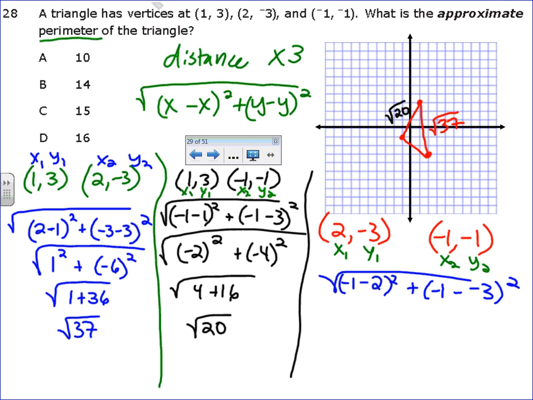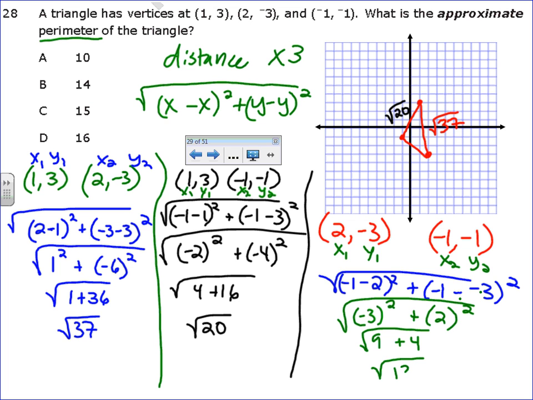That was special. I've got a double negative, which means it becomes what? Addition. So this side is negative 3 squared, and this side becomes positive 2. Negative to negative makes an addition. So negative 1 plus 3 is positive 2. From there you get 9 plus 4, which is the square root of 13, which is obviously my last side.